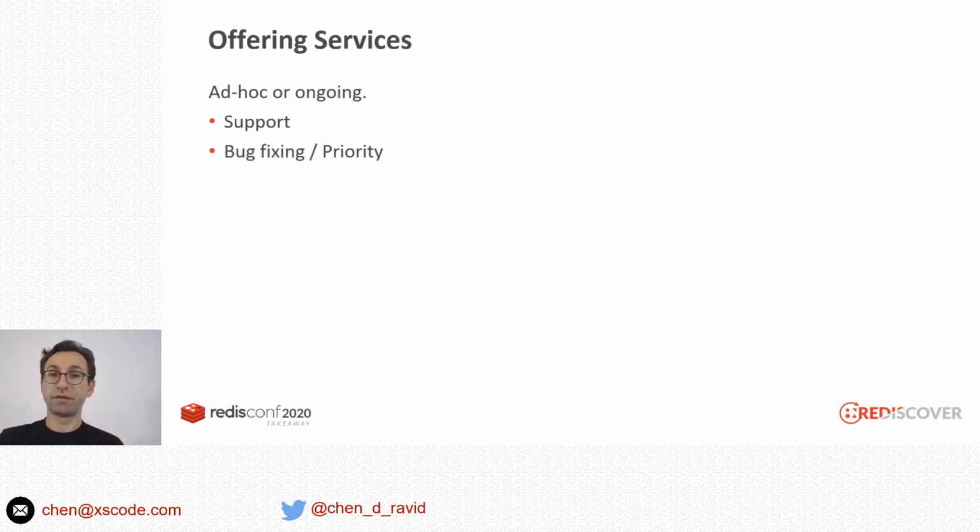First of all, let's start with services. You can offer services on an ad hoc or one-time basis, or on an ongoing basis. Services can be support, like technical support. It can be bug fixing or giving priority to solving an issue or a bug. Services can also be customizations.